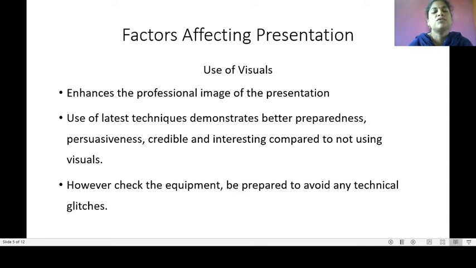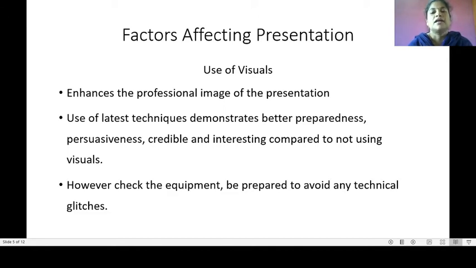The other thing that also helps in the presentation is that use of latest techniques demonstrates better preparedness, persuasiveness, credibility and interest compared to not using visuals.